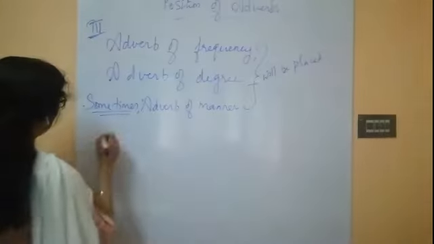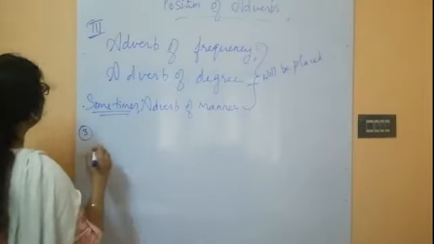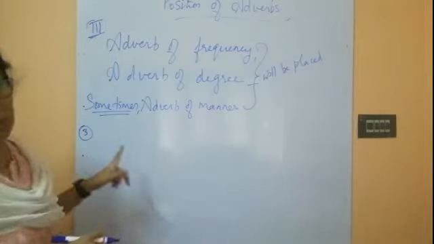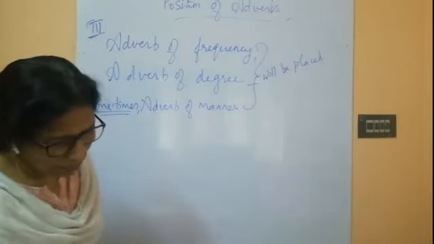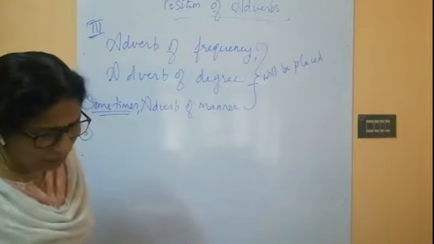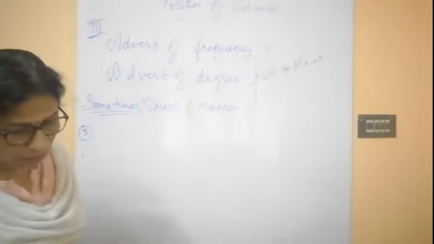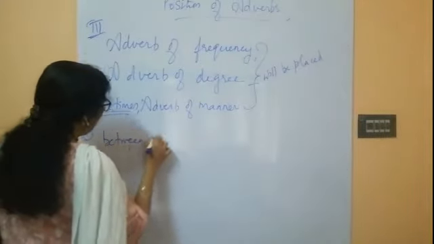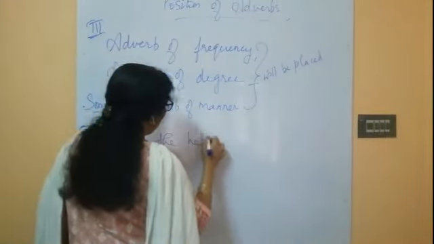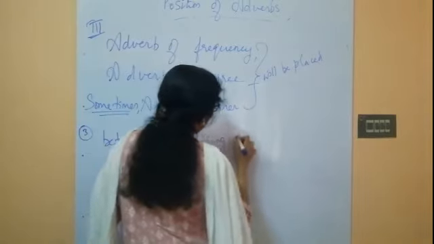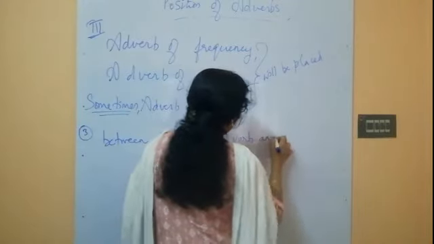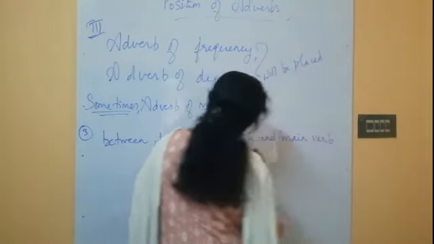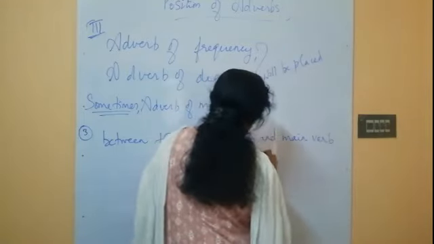Okay, and third one, so in the third section, your third subdivision. Okay, third rule, third subdivision. After the first word, if the verb consists of more than one word, between the helping verb and the main verb.